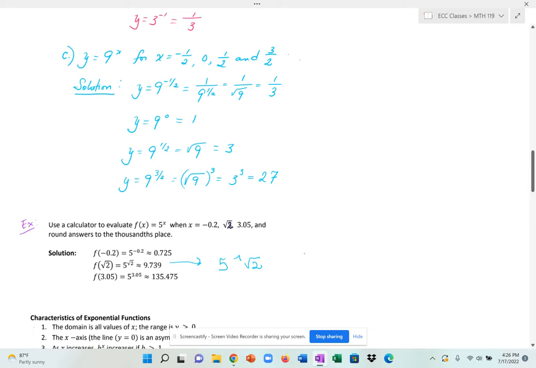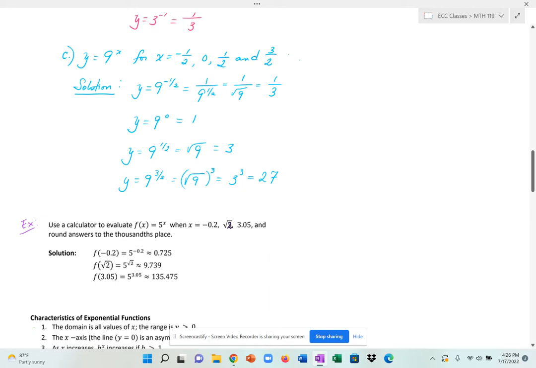Other calculators have a key that looks like this, x to the y, where it would allow you to input the 5 as the x and the root 2 as the y. So if you're not sure how to use whatever calculator you're using, please refer back to the manual, and a lot of times the manuals are online. You can look up how to input an exponent.